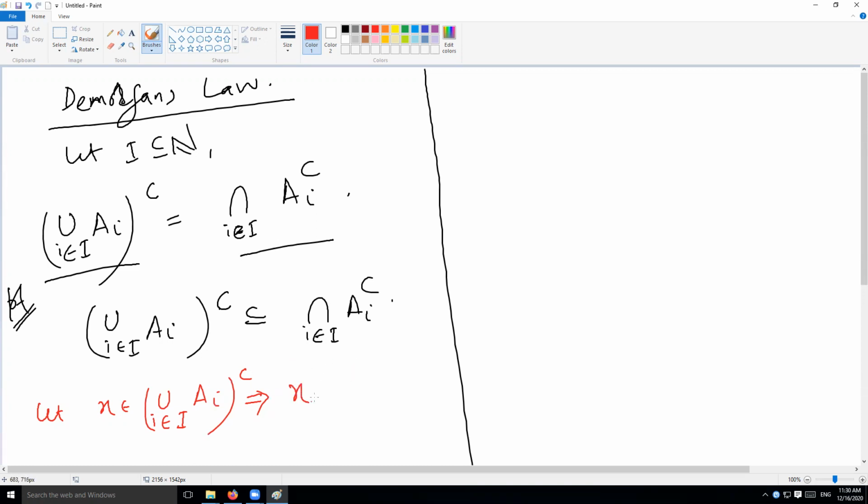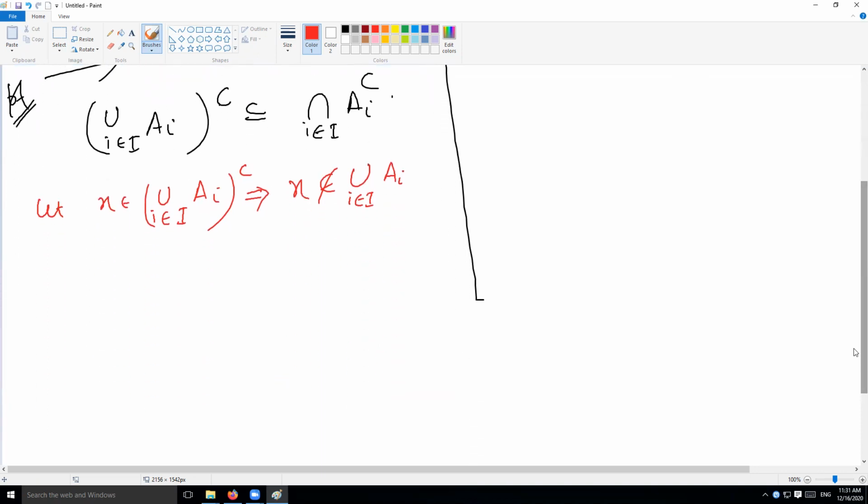You're going to say that x does not belong to any A_i, x does not belong to this union over i in I of A_i. If something is in the complement, that means it is not inside the set. And we just saw previously the meaning of an element not being inside the union.